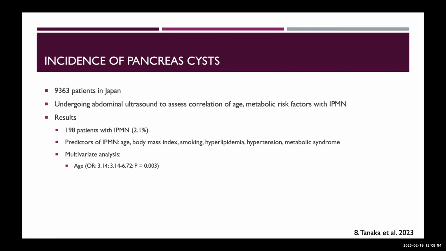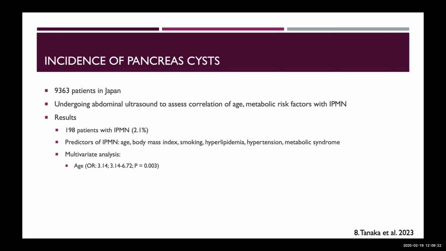So once again, lower incidence or prevalence in this population with 198 patients with IPMNs, or 2.1% of the population. And they noted on univariate analysis that age, body mass index, smoking, hyperlipidemia, hypertension, metabolic syndrome, all of these things were associated with development of IPMN, or predicted incidental finding of IPMN.